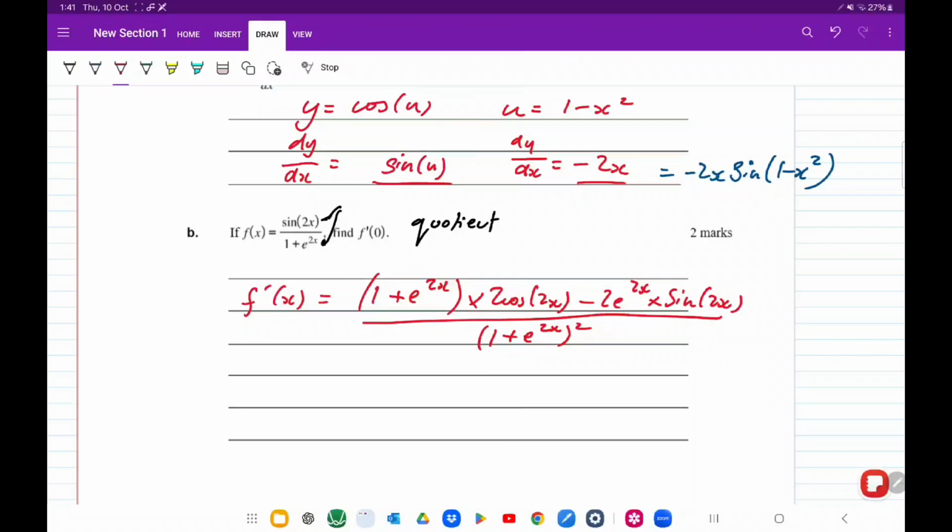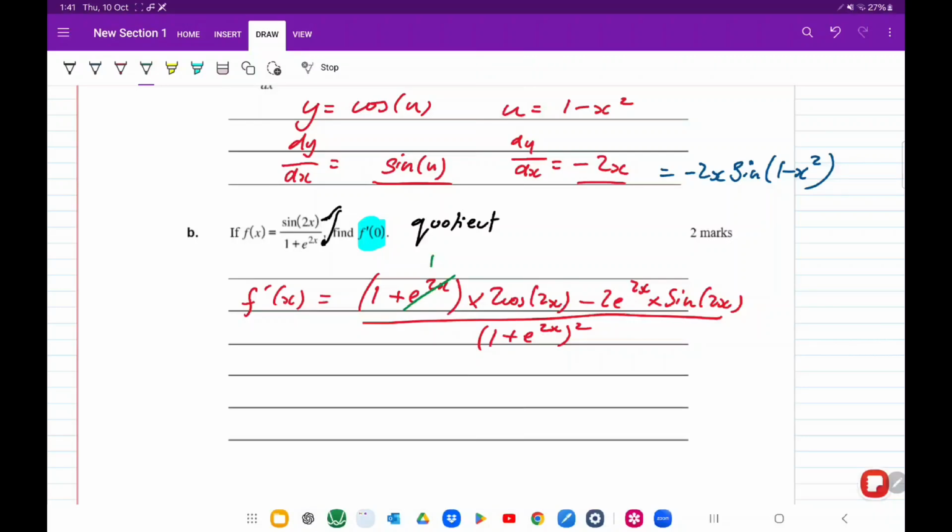Alright, now we've got to be careful with this because we probably have a tendency at the moment to simplify. But before we simplify, we can work out this f dash of 0 component and see what we can substitute in so that we can simplify this a little bit more easily. So if we substitute 0 into here, this simplifies to 1.